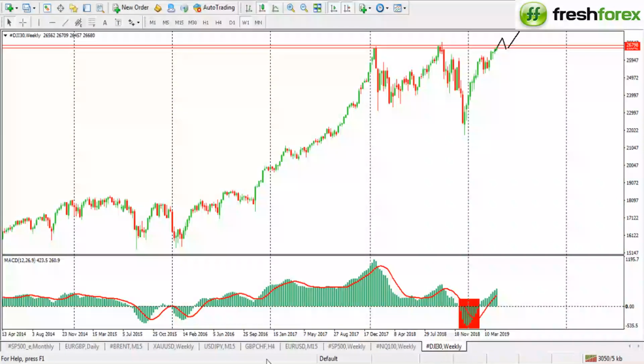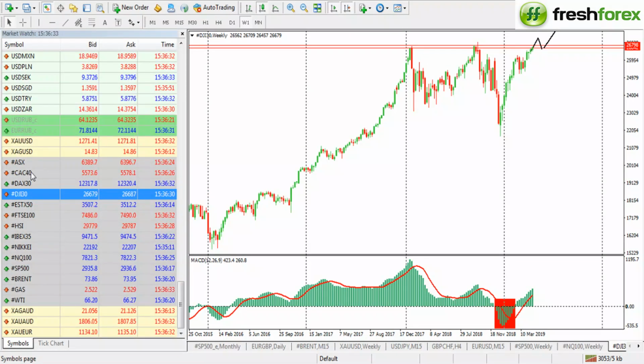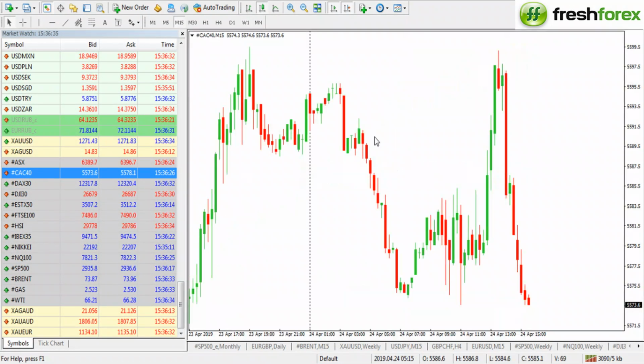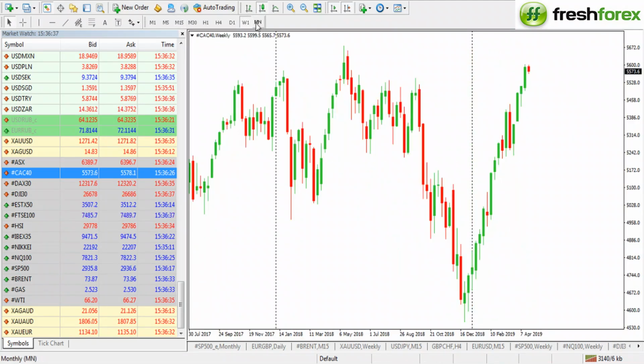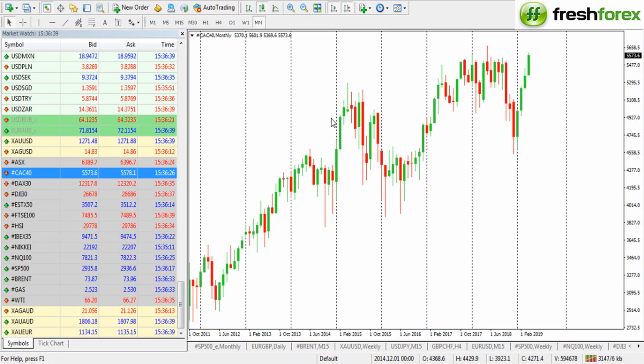There are other indices that move just the same way. Like this one also tends to move the same way. We also have the Australian index that moves just the same way. See, this is a resistance. We are currently at that resistance.